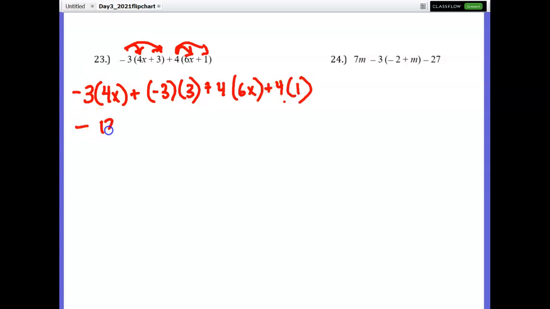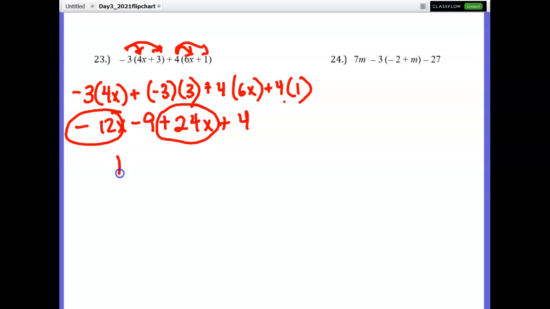Okay, negative 12x when we start simplifying, minus 9 plus 24x plus 4. Okay, now when we combine our like terms, we've got a negative 12, positive 24, so we have a positive 12x, and then we have our negative 9 plus 4 is a negative 5.